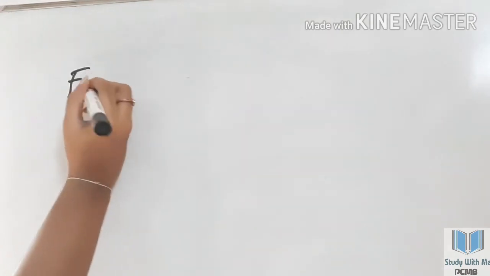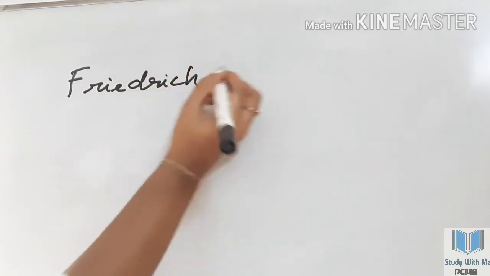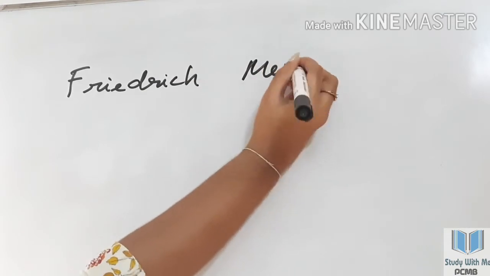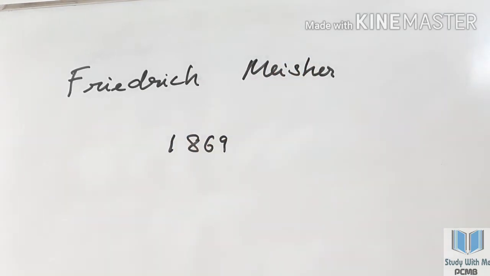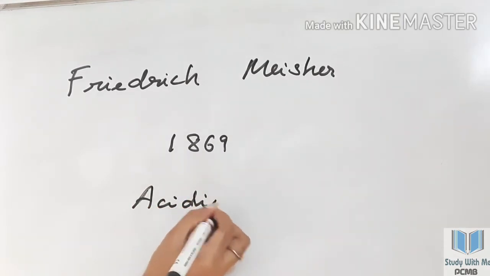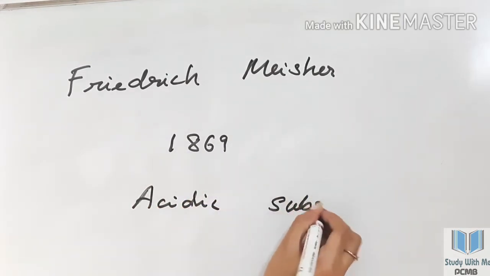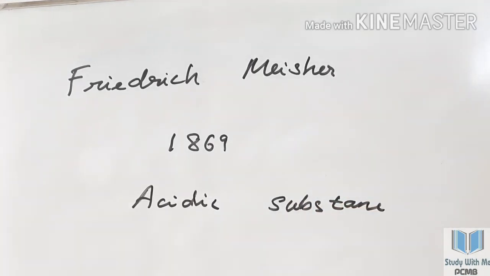So let's start. A scientist, Friedrich Miescher, in 1869 observed an acidic substance in the nucleus.